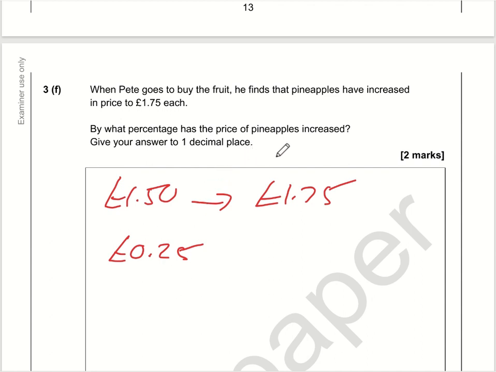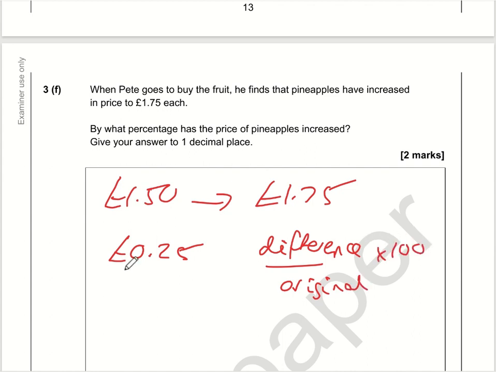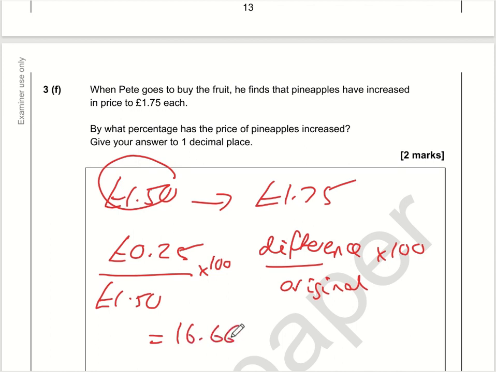If we're calculating a percentage increase, remember the formula is the difference divided by the original, multiplied by 100. So it's a difference of 25p divided by what it was originally before it went up, which was £1.50. So there's our calculation. 0.25 divided by 1.5 times 100, and we get 16.666.